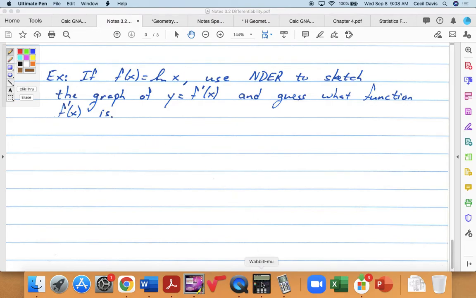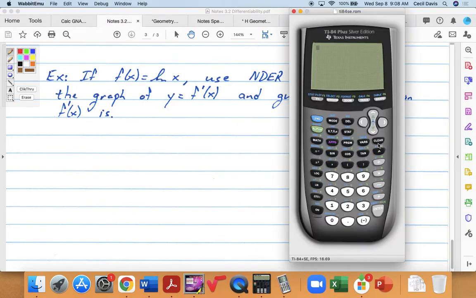Now, we can actually use this to help us figure out a derivative. So for example, if y is f of x is the natural log of x, we can actually graph the numeric derivative of that. So that's math 8, the numeric derivative, so the derivative with respect to x of, if this is particularly complicated, you could actually use your alpha trace to just put in whatever I had in y1, which is helpful.